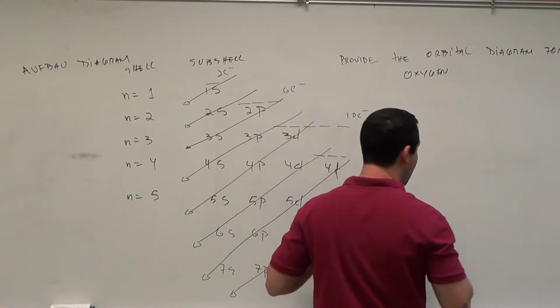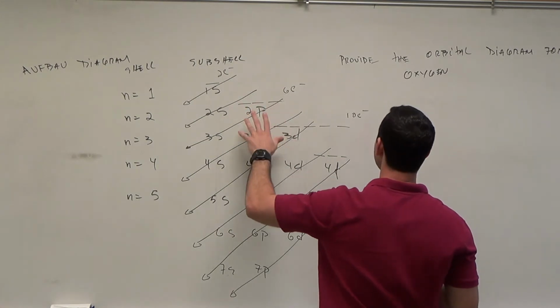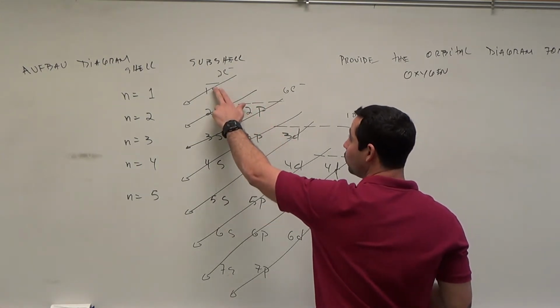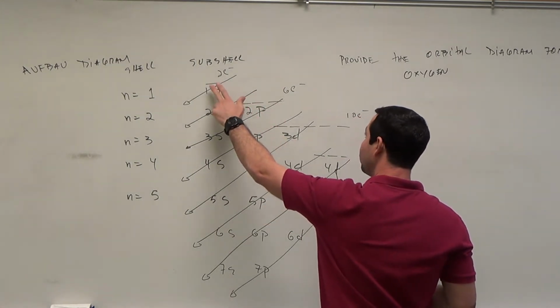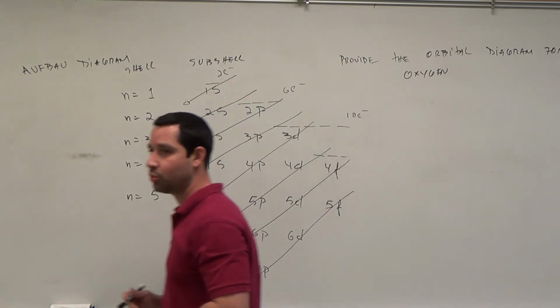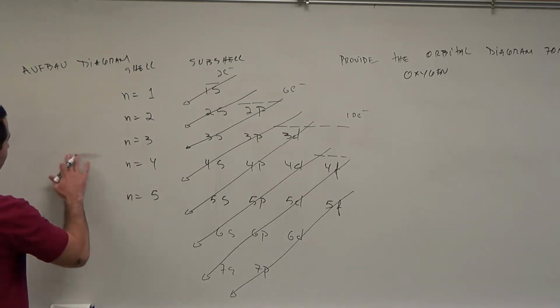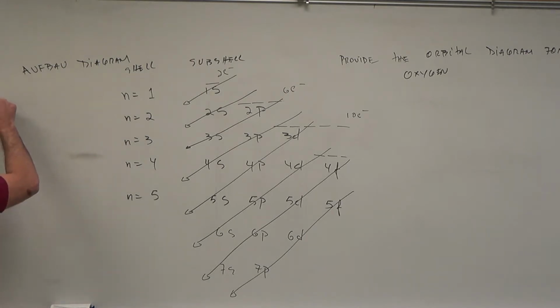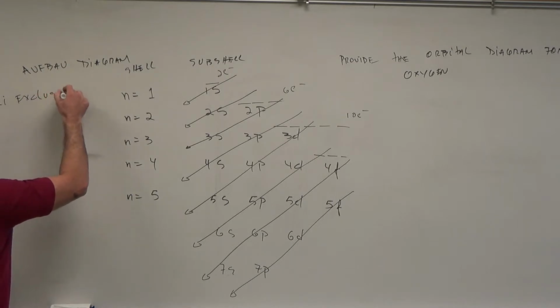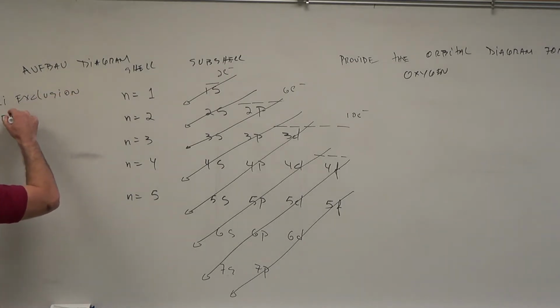So all you are going to do is the electron configuration, but instead of putting a superscript, you're just going to draw the line and then the electrons in. I'm going to show you how to draw the electrons in it. I haven't taught you that yet. This is called Pauli exclusion principle. A whole bunch of fancy names, yes?